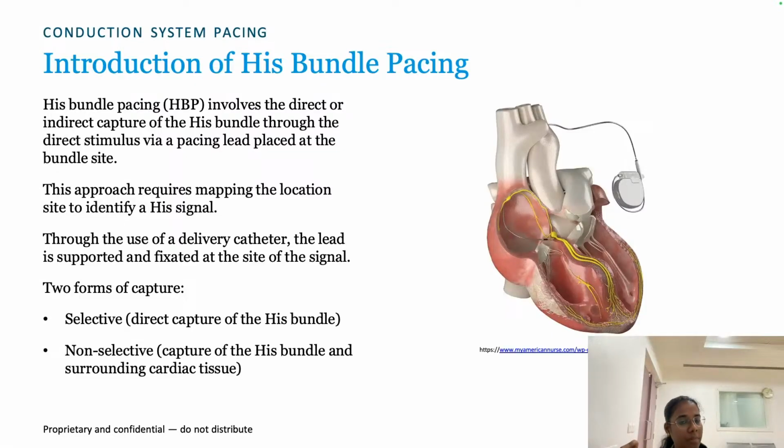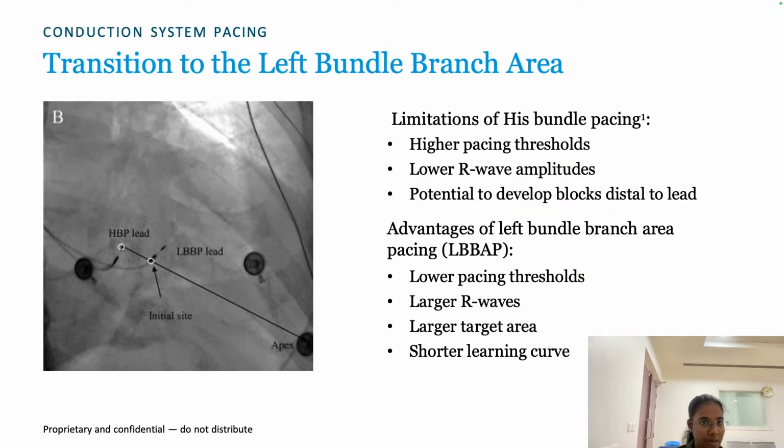In His pacing we might also end up with a high threshold or broad QRS. Sometimes it might lead to perforation in septal pacing and all. So in the past few years they have changed from His bundle pacing to left bundle pacing.